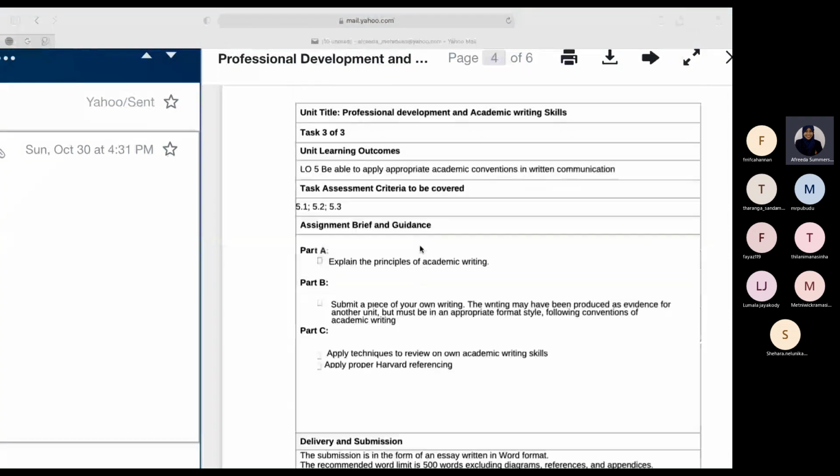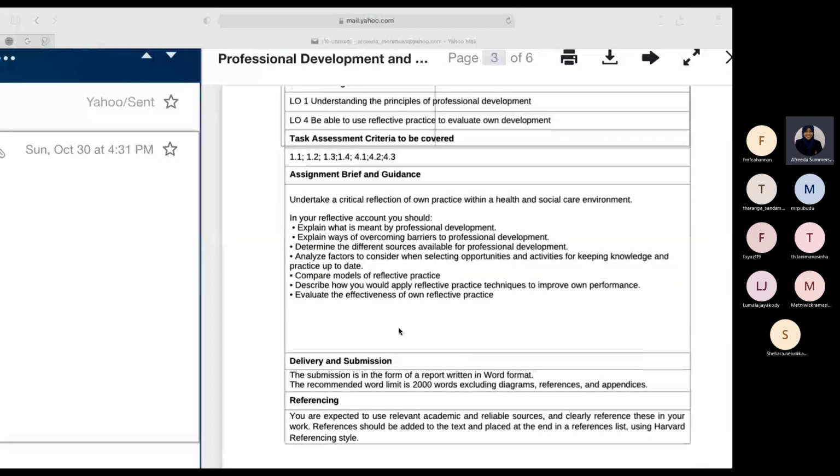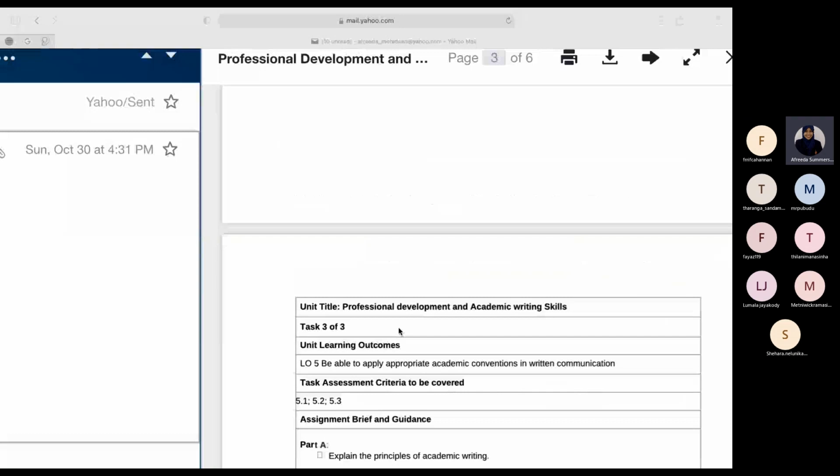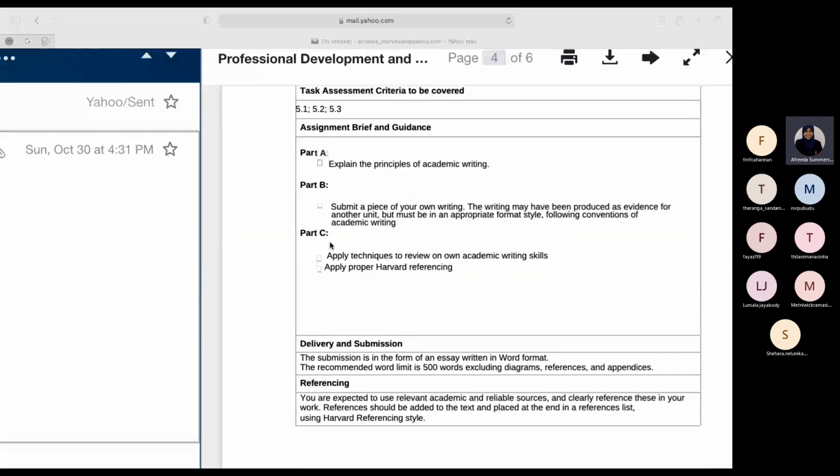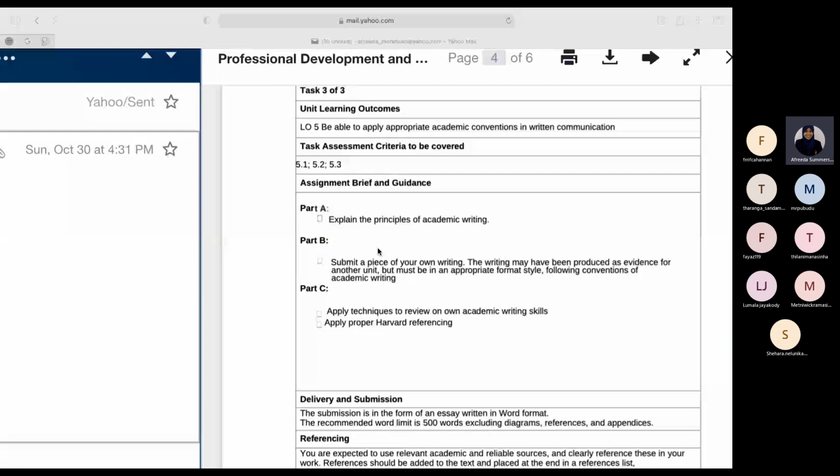Here one report is actually 2000, so you just write the whole 2000 word count. Now here what happens is 500 words, and you have 3 parts. So you can just divide the 500 into 3. Maybe you can just write around 100 words about what is academic writing, and the remaining will go to B and C. That is because you are getting only 500 words for this small section ABC, just 500 words.